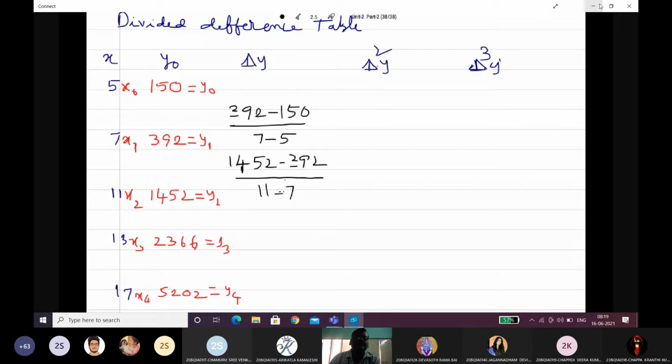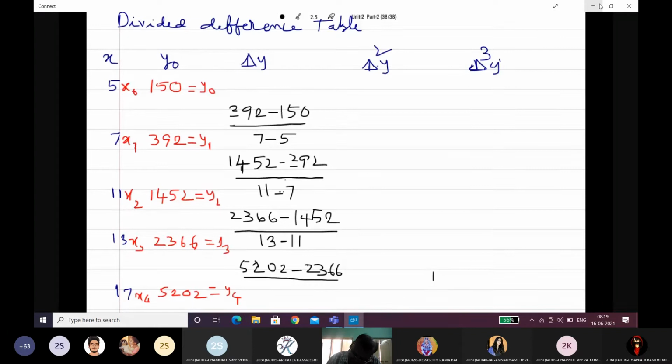Next, 2366 minus 1452 divided by 13 minus 11. Next, 5202 minus 2366 by 17 minus 13. These are the first divided difference values. Now tell me what its values are.